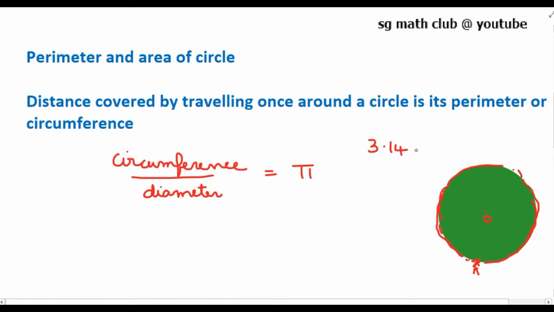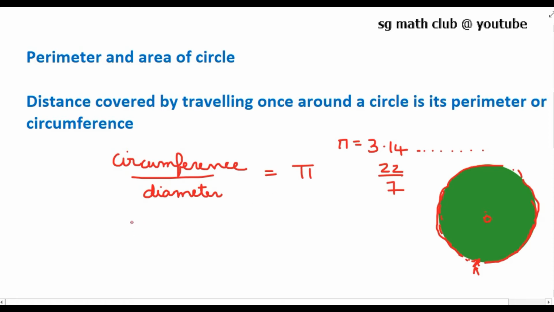It is an irrational number, so it is a non-terminating, non-recurring decimal. In doing the problems, we will take the value of pi as 3.14 or 22/7. So the ratio between circumference and diameter is a constant, called pi.